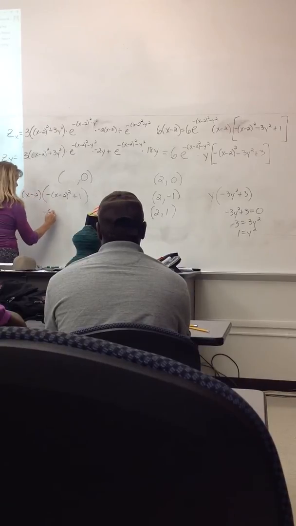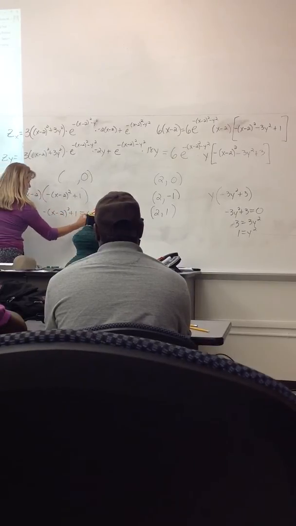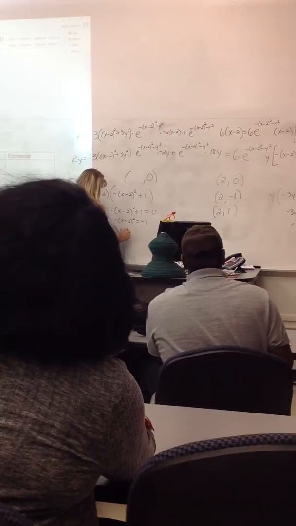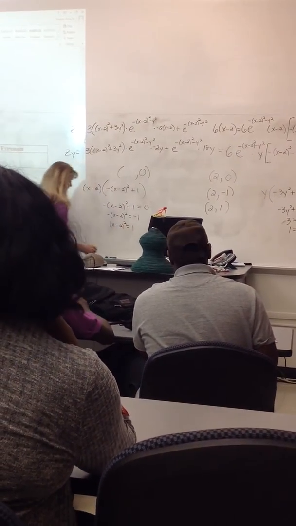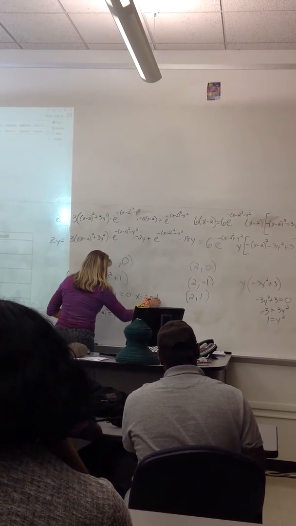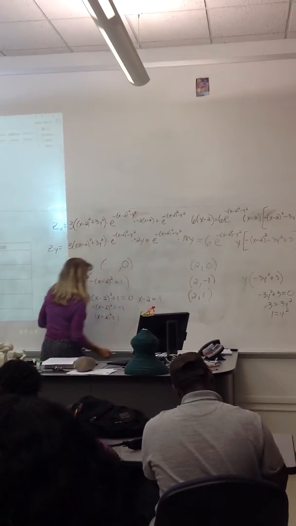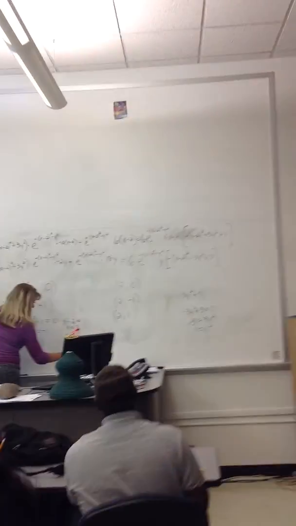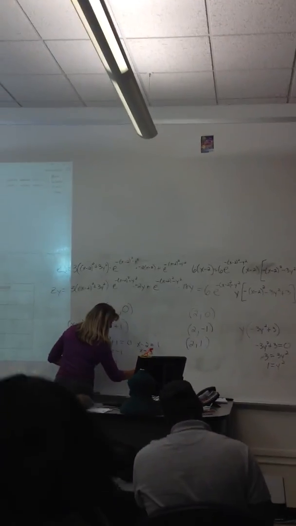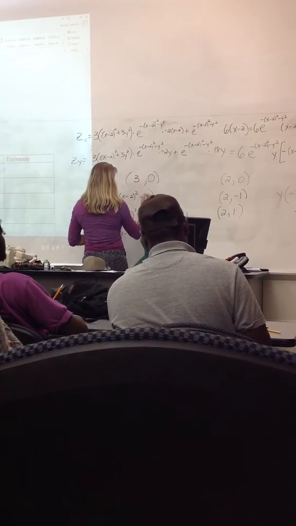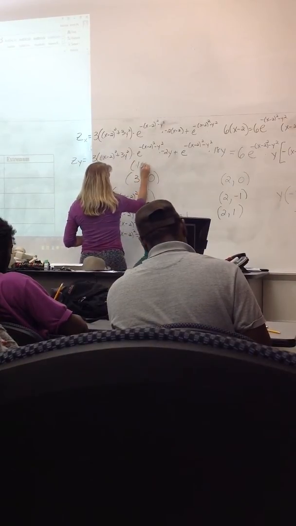I need minus x minus 2 squared plus 1 to equal 0. So x minus 2 has to equal 1, or x minus 2 has to equal -1. So x would be 3, or x would be 1, right? So 3 and 1.